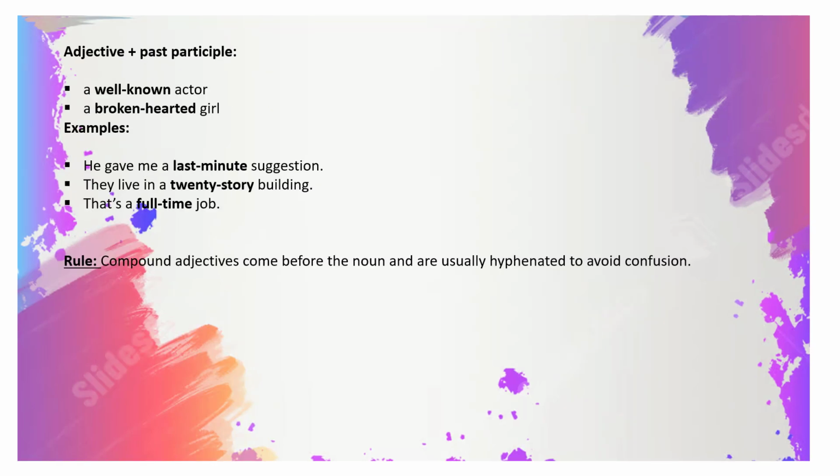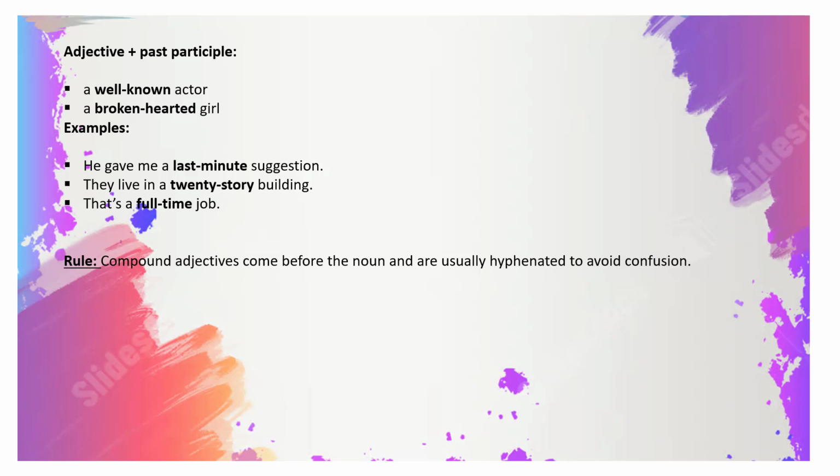The next pattern is adjective plus past participle. A well-known actor. Well is an adjective and known is the past participle of know. A broken-hearted girl. Broken is an adjective and hearted is the past participle of heart. The next examples are: he gave me a last-minute suggestion. They live in a 20-story building. That's a full-time job.